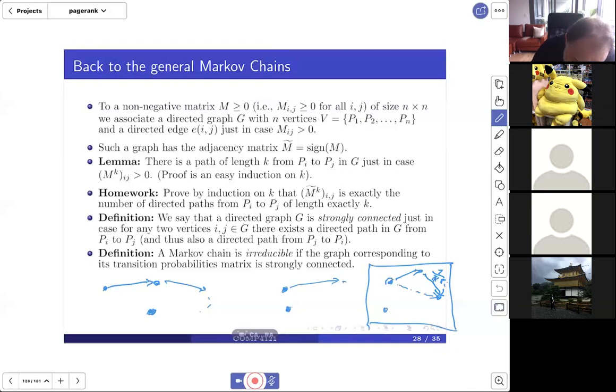So even if this page doesn't have a hyperlink to that page, it will still have an edge, but the weight will be low. It will be just 1 minus alpha divided by the number of web pages. So why is this graph strongly connected? Why does it have exactly one strongly connected component? What do you think?